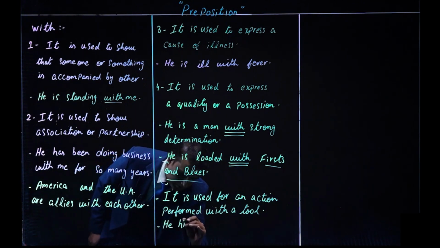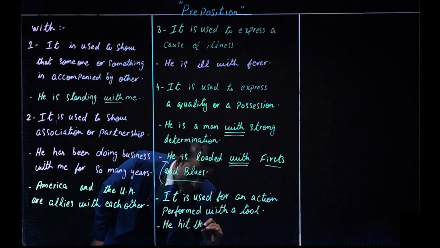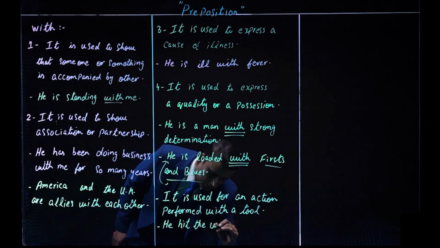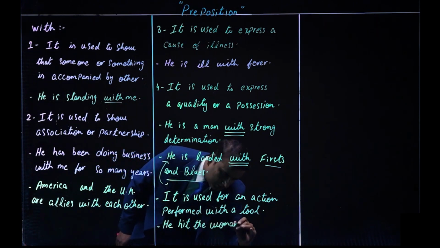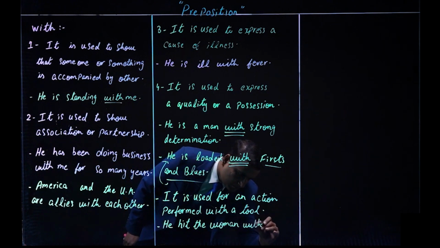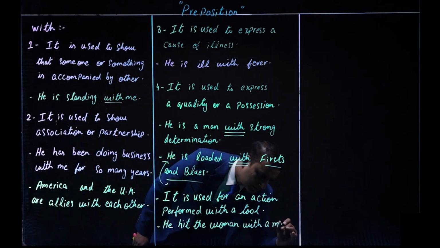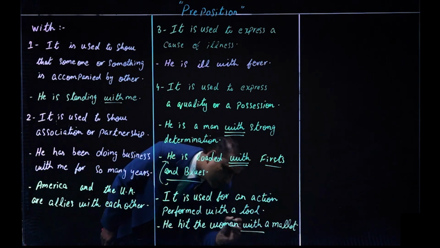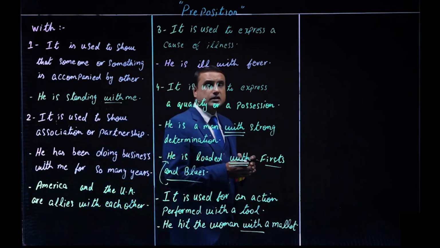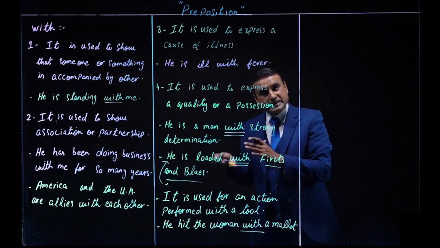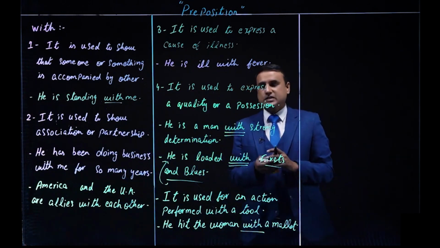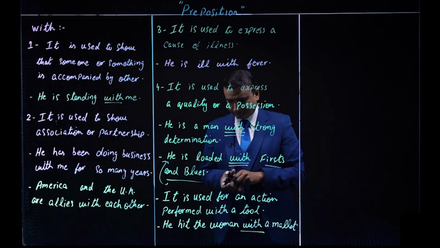He hit the woman with a mallet. Here with is actually expressing the tool कि जिसकी वजह से, जिसकी मदद से उसने उसको हिट किया.